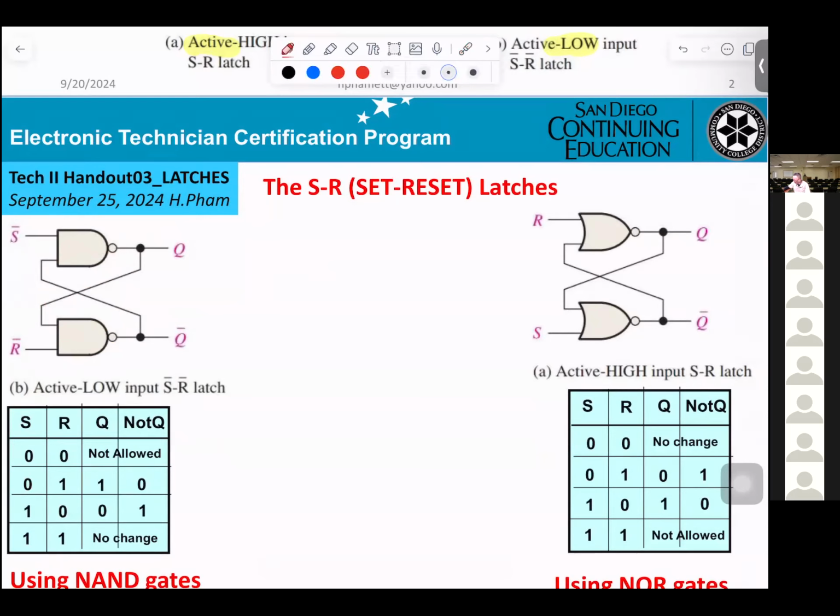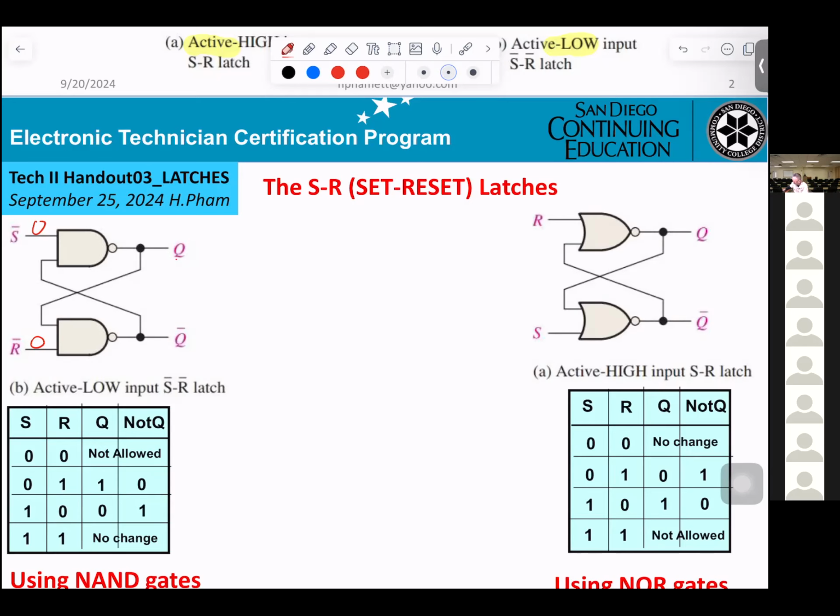First thing, 0, 0. If you're looking at 0, 0 input and you're looking at the output, Q and not Q, set and reset can't be 0 at the same time. They said not allowed. Now let's see what that means.